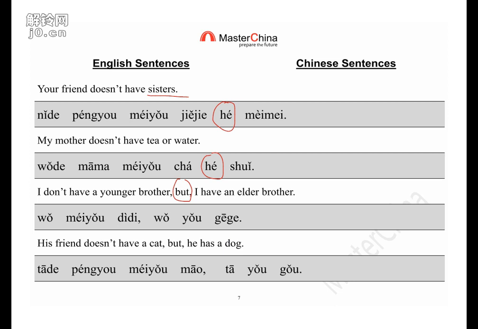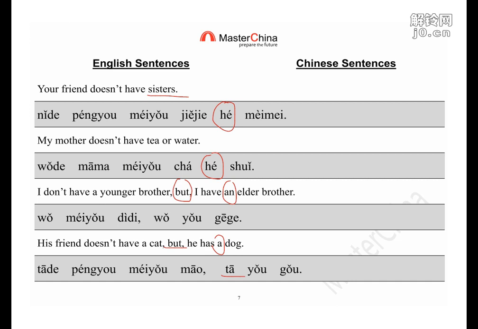And it's not so important unless you want to stress the number one brother, two brothers or something. But generally, with general idea, needn't translate it. And next one is 他的朋友没有猫，他有狗 Same idea. Right? So here, same.